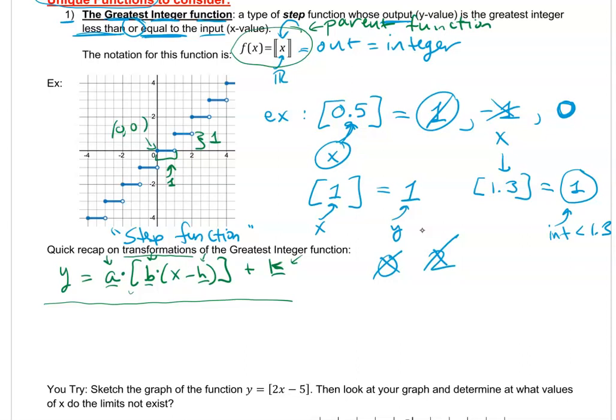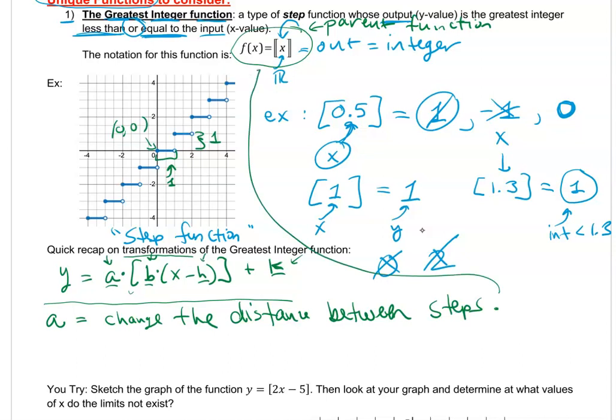As a really quick reminder, the a value is going to change the distance between steps. Right now in the parent function, if we look back up here, the a value is 1, which is why the distance between steps is 1. That's the a value there. If a is something different, like 2, 3, or 1/2, 1/4, then that would change the distance between the steps.